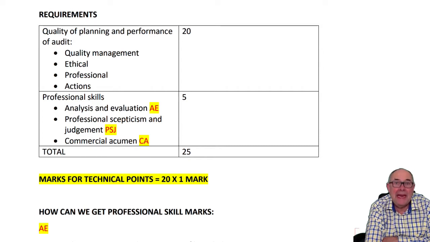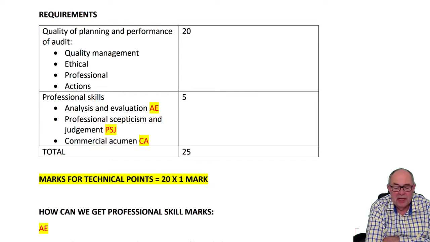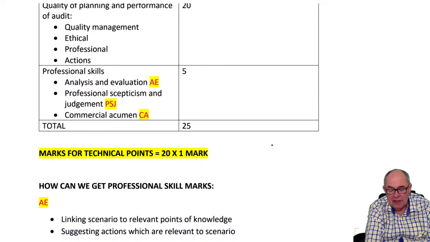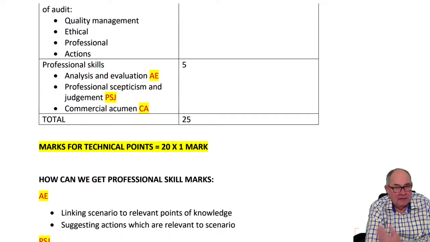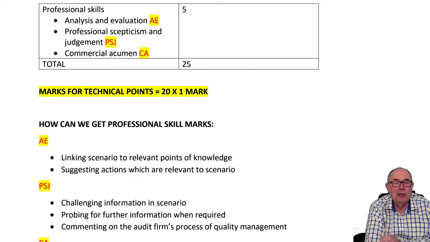In terms of the technical marks, it's probably 20 good sentences, each making a good point that will make up those technical marks. So issues will not be developed for a huge amount of points. Thinking initially about what they're going to be looking for when they give us the professional skills marks, well, these are the sorts of things.